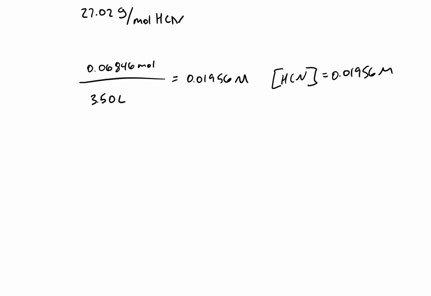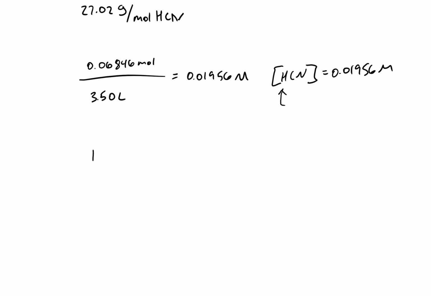Now with this being an acid, it is going to donate a hydrogen into that aqueous solution. So we're going to start out with HCN, and that is going to give us an H plus ion in water and this CN minus ion in water.